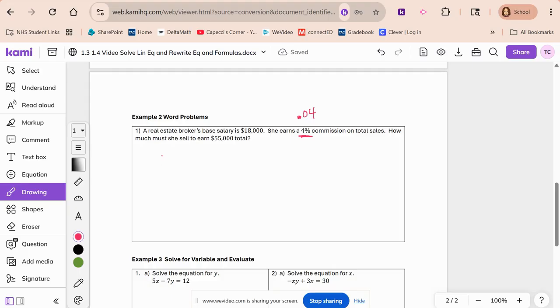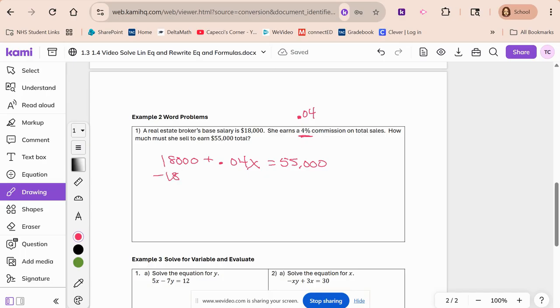So she's going to start with her base salary, which she gets no matter what, plus 4% of whatever she makes, our unknown x, and she's trying to earn $55,000. So our x is our unknown. It's how much she needs to sell.